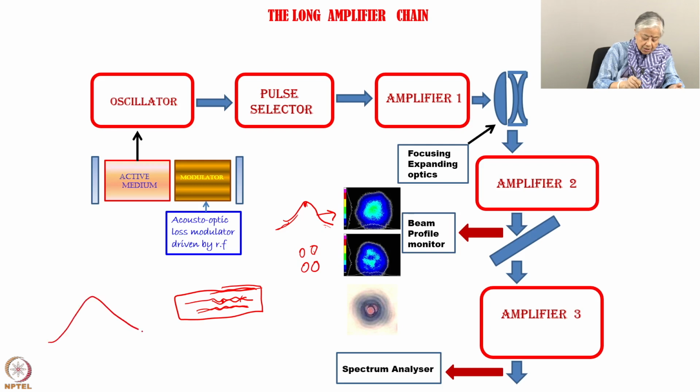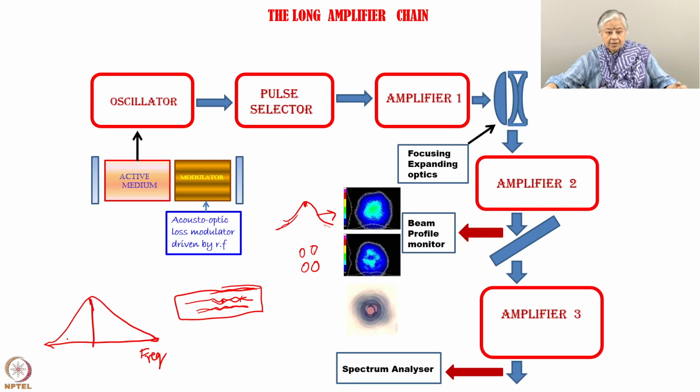So you start off with a certain spectrum. This is a frequency. Okay. And your laser action is in the central frequency. These are also there here. But what happens is here at the center, you have taken out that gain from here.